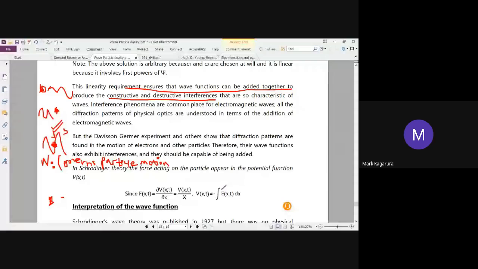Okay. So we have seen that this wave function governs the particle motion. Once you see how this comes about, we're saying that the wave function and the particle are coincident. Phi plus particle.